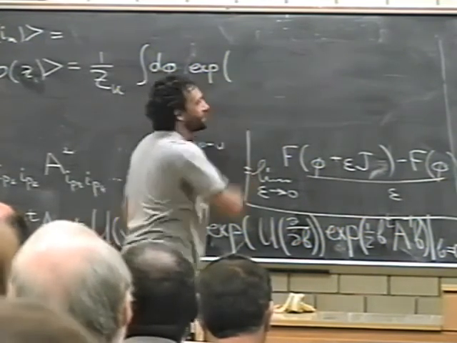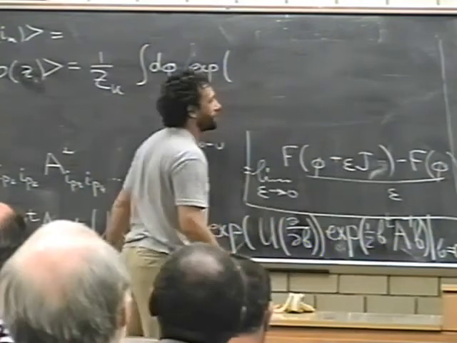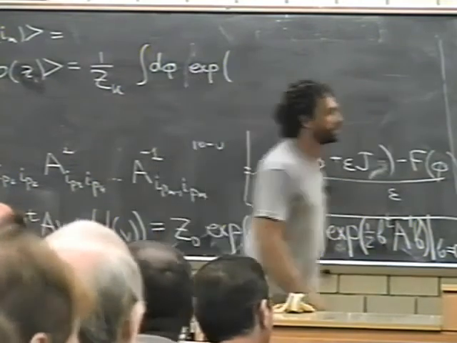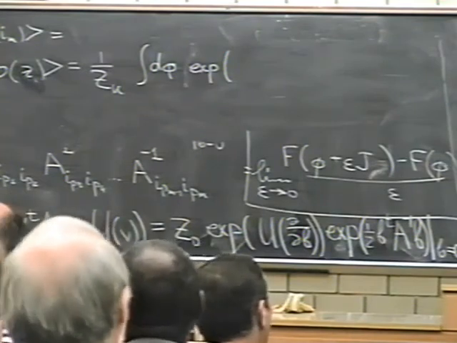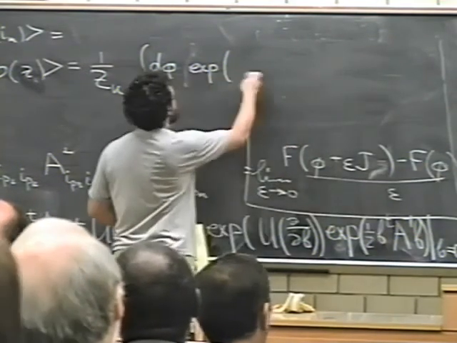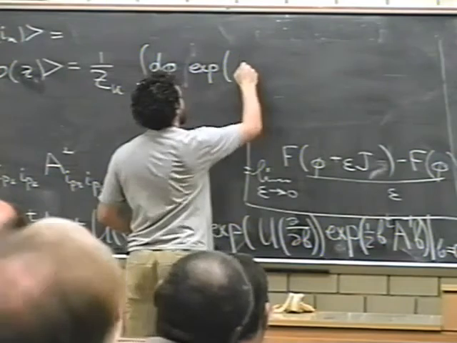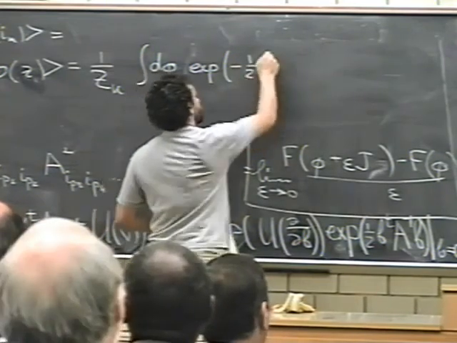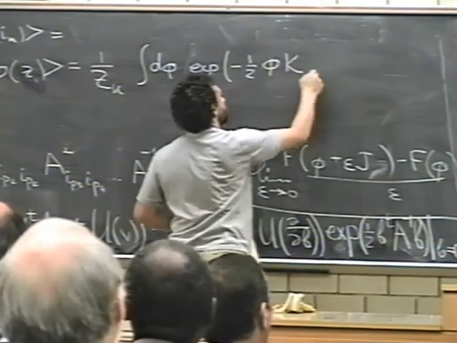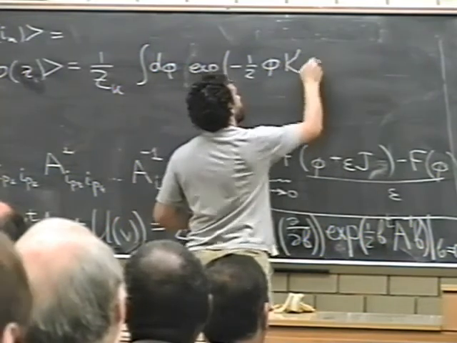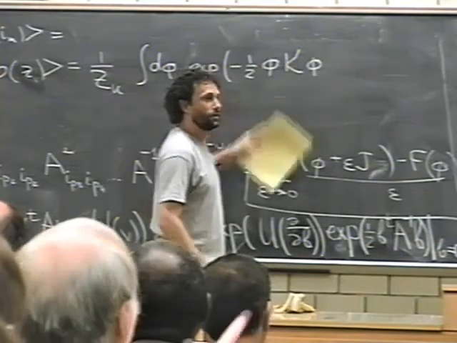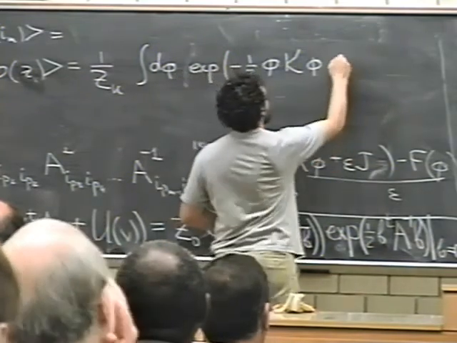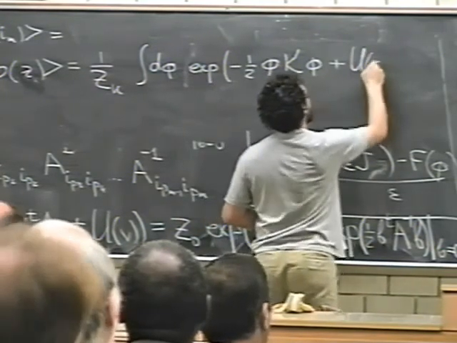So here that was the exponent, the same exponent as I had before, just this thing here. D phi, exponent of minus half phi K phi, which I already should understand that there is a double integration there, as explained before, plus U of phi.